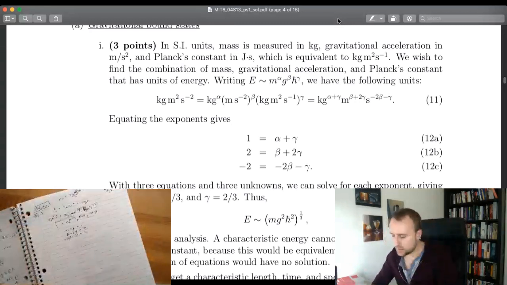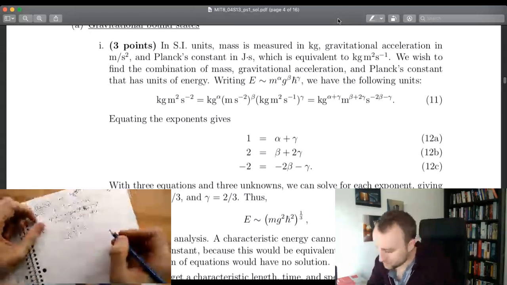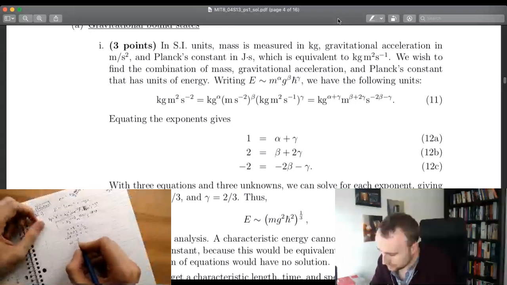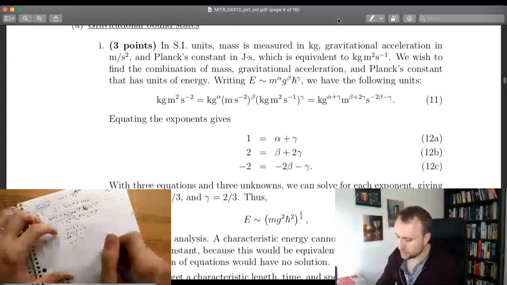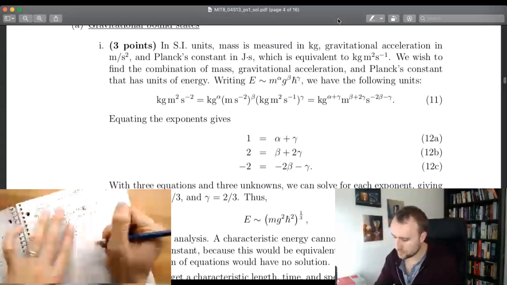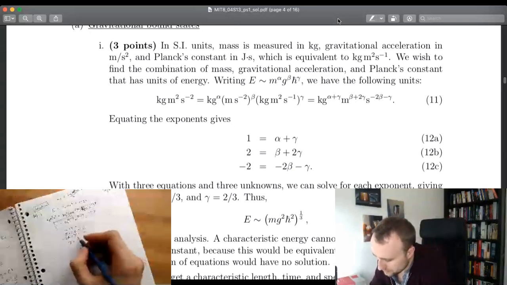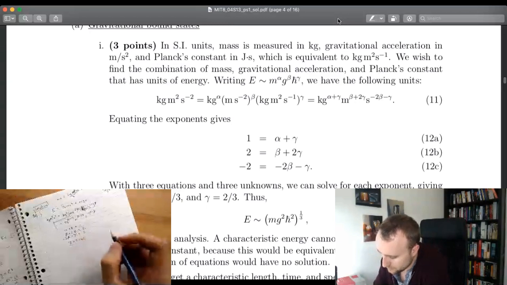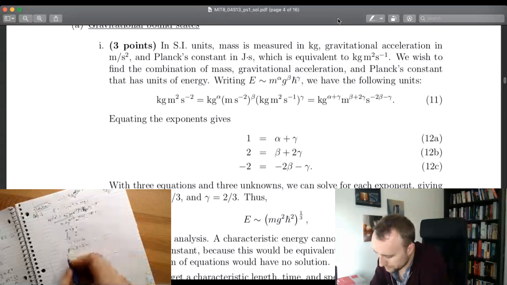Did I get this right here? Okay, I did this. So let's just go through it again here. Alpha is equal to 1 minus this. Or sorry, we want to substitute the other way. Equal to 1 minus alpha. So beta plus 2 minus 2 alpha is equal to 2.